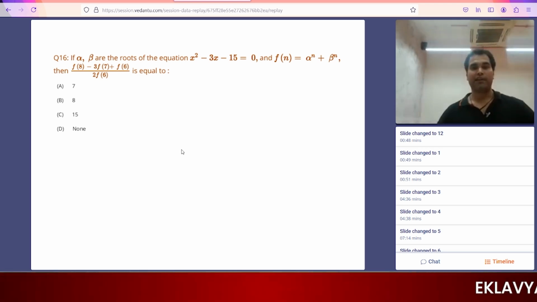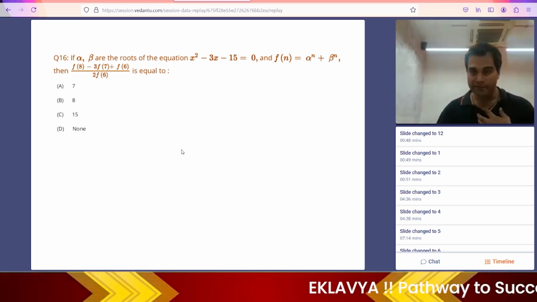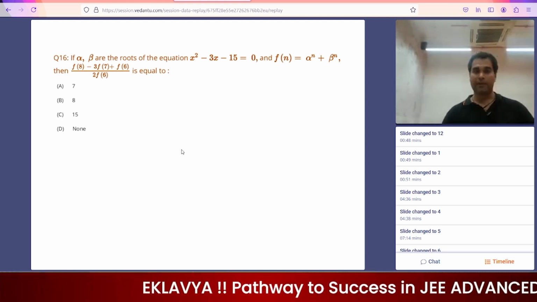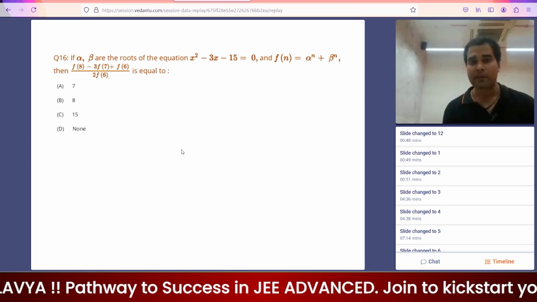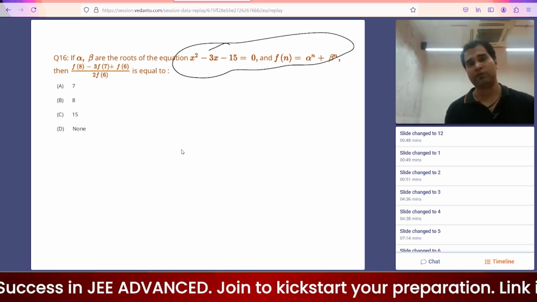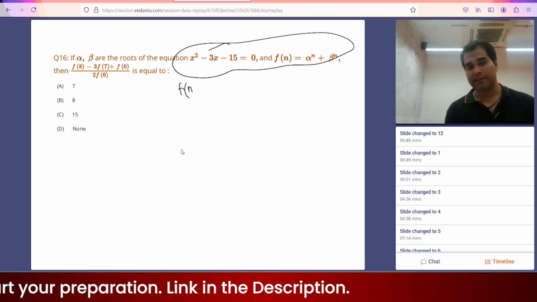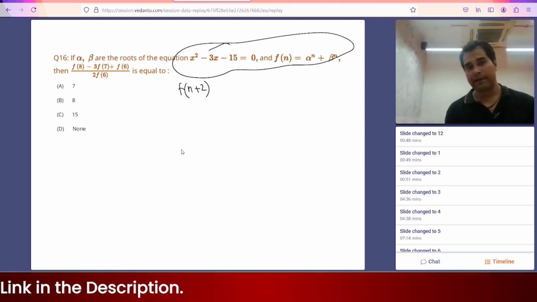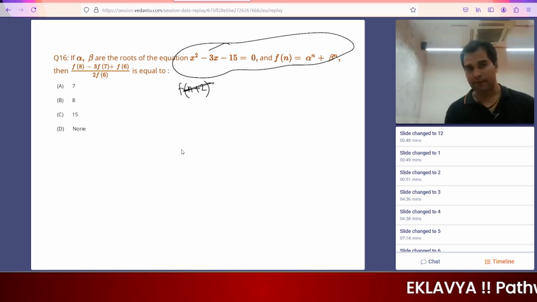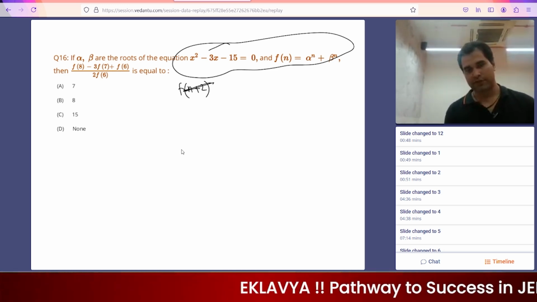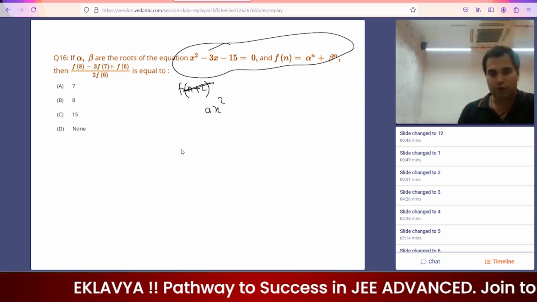If alpha beta are the roots of this equation, f of n is alpha n plus beta n, then find this. Here it is given that by using this type of question, by using Newton formula, f of n plus 2. Just we discuss the general Newton formula.